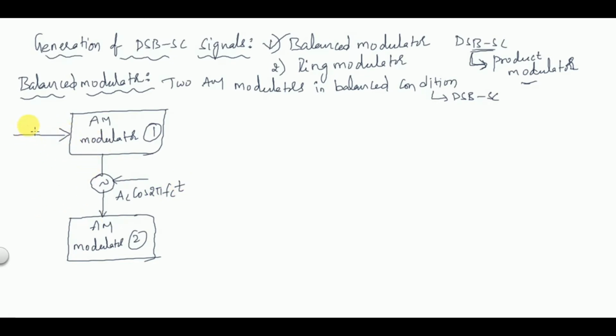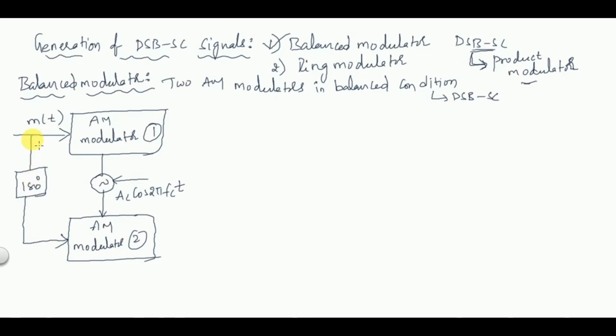For the first AM modulator, m(t) is directly given, but for the second modulator it is phase shifted by 180 degrees, and that is given as input to the second AM modulator.